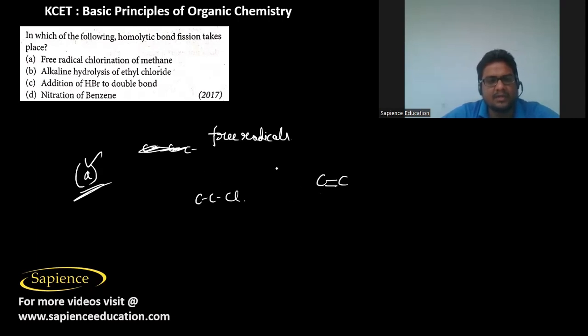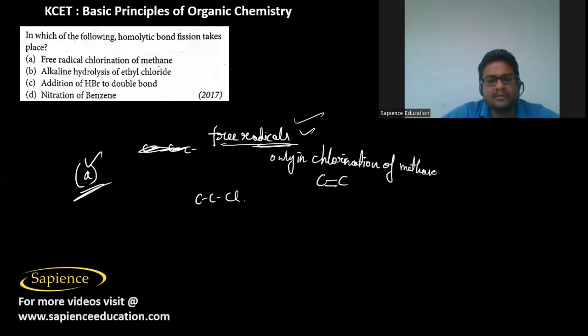In nitration of benzene also homolytic fission does not take place since free radicals are not formed. So free radicals are formed only in case of chlorination or halogenation of methane or any other hydrocarbon in the presence of sunlight.